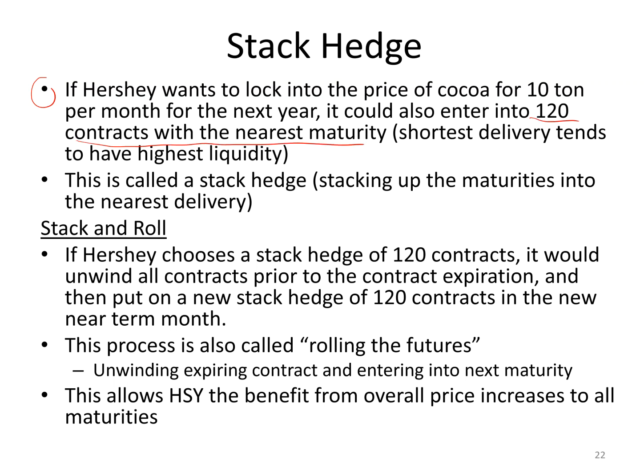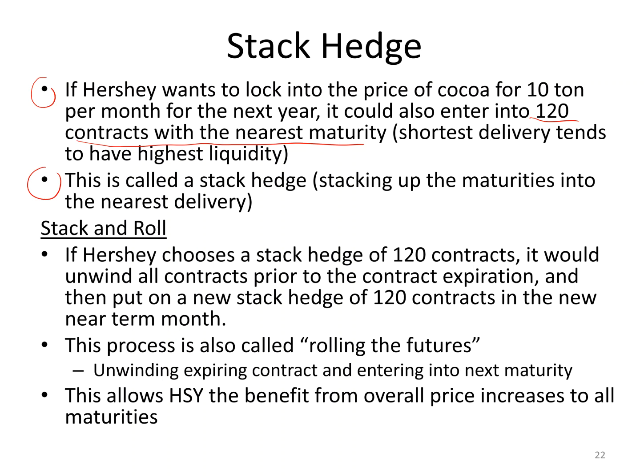Not over the 12 months, but could actually just buy 120 contracts with the shortest delivery date, the nearest maturity, because those tend to have the highest liquidity. Now this is called a stack hedge, stacking up all the maturities into the nearest or shortest delivery.